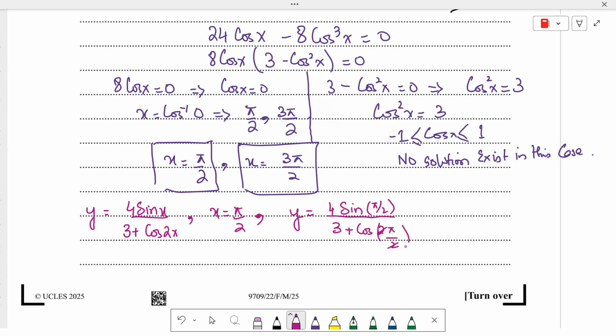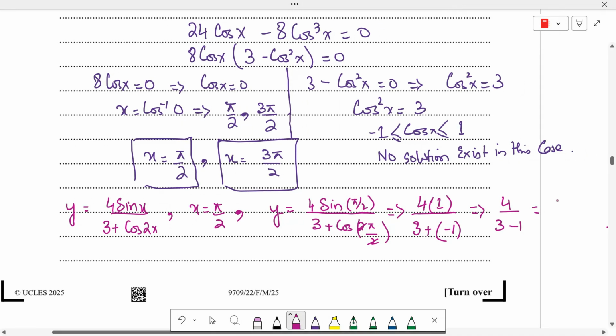So 2 will be cancelled out, and 4 times sine pi by 2 is 1, over 3, plus cos pi, which is negative 1. So this will equal 4 over 3 minus 1, and this one is equal to 2.